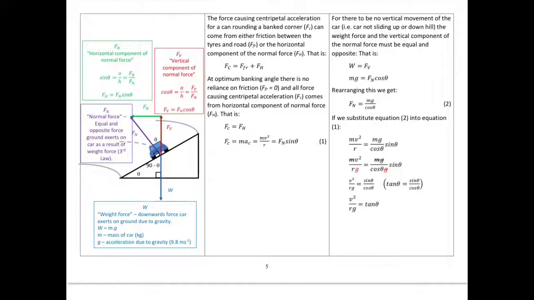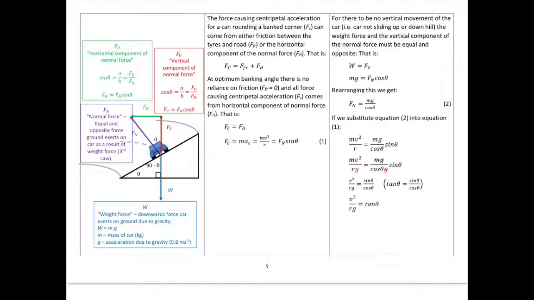Then we substitute equation 2, this equation here, into this equation we worked out over here, in particular into this end part, mv squared on r equals Fn sine theta. So mv squared on r equals Fn, which is mg divided by cos theta, times sine theta.